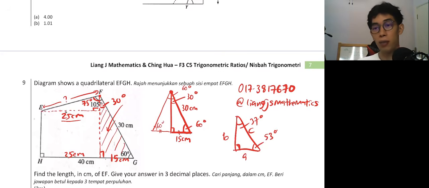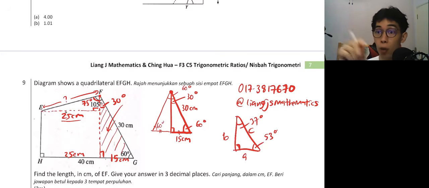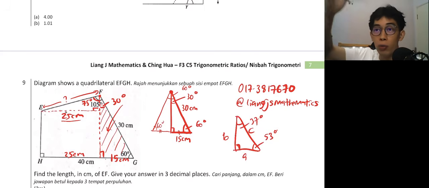You still get the same answer. Of course, they have their own adjacent and opposite, so you have to make sure you fit the correct one. Got it? Okay, perfect.